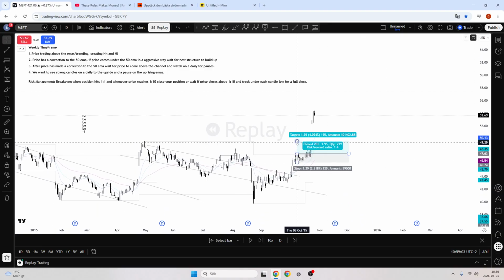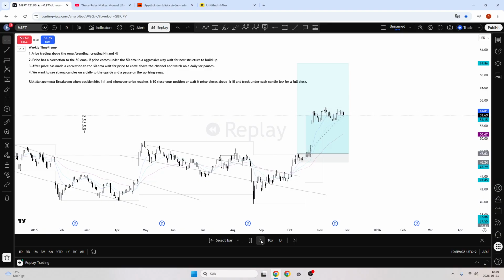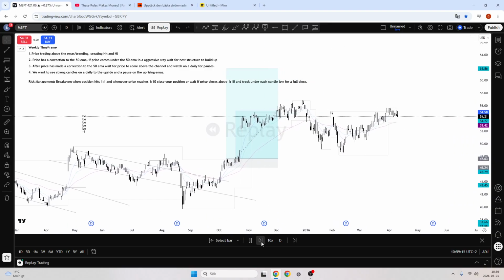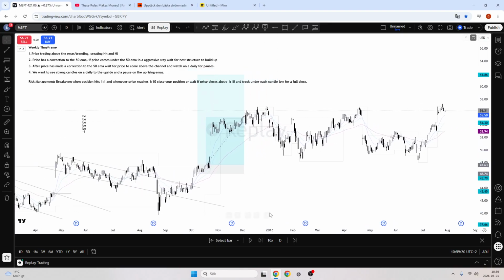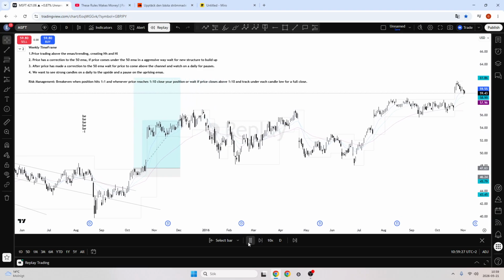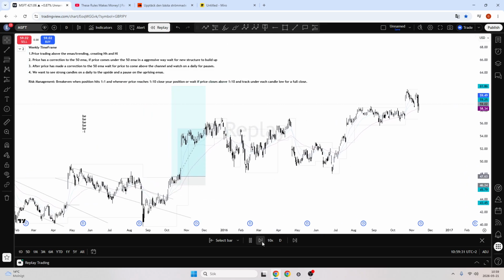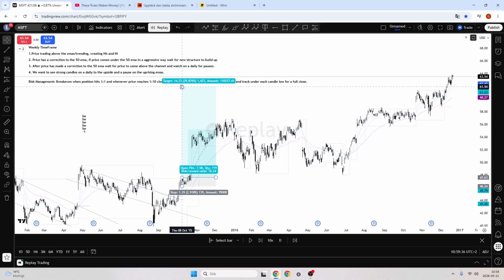We get tapped in, wait for our 1 to 10 if that happens. Doesn't reach 1 to 10 just yet. So we actually reach it right here at these points right here.